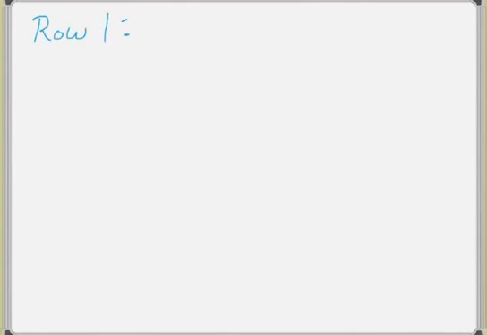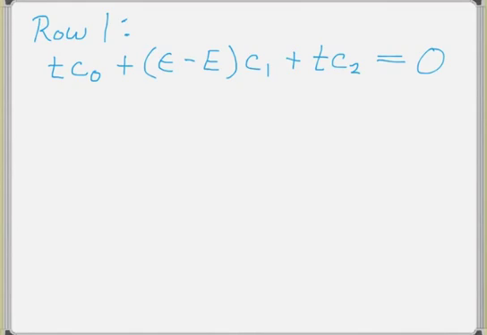Row 1 would be T C0 plus (epsilon minus E) C1 plus T C2 equals 0. I just move the E on the right-hand side over onto the left-hand side.